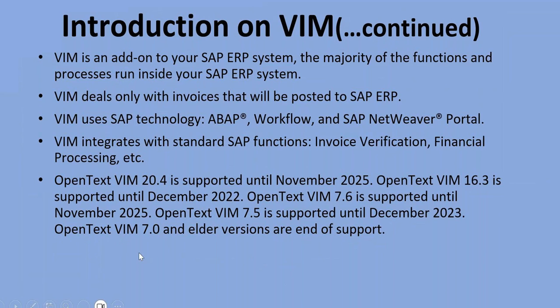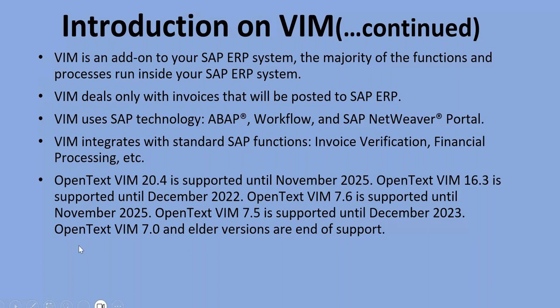We also have these versions. If you see, 20 and 16.3 versions are the SAP S4 HANA versions that currently exist. And we also have the ECC versions 7.6, 7.5, and 7.0. You can see the validity for these versions based on the years.